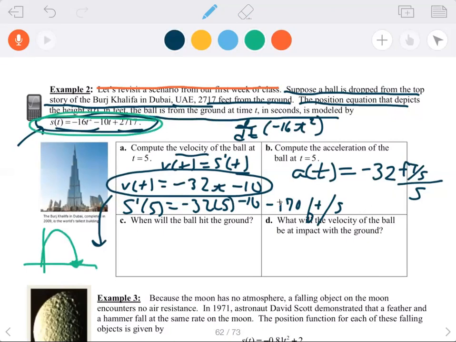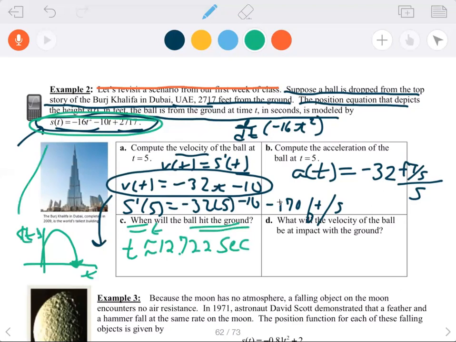And so that would end up being, you can go do it on your own, 12.722 or 12.733 seconds. It's a question about at what time, so we're looking for a t when it hits the ground. So that would be when the position function, which was the original function, is 0. And that would require a calculator because it doesn't factor.